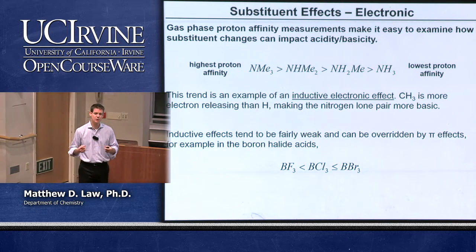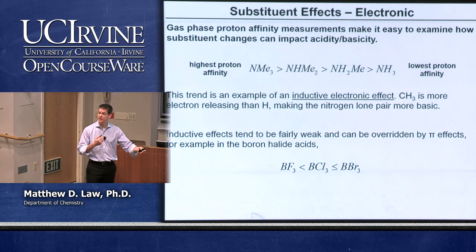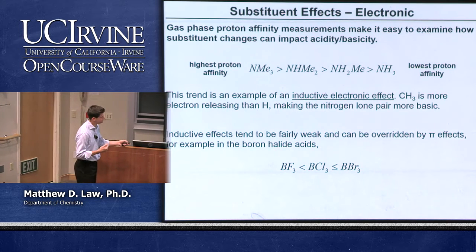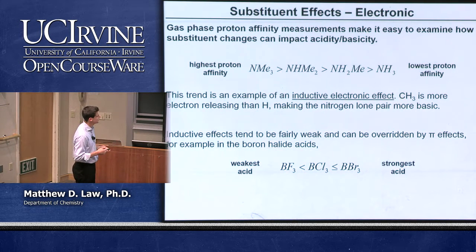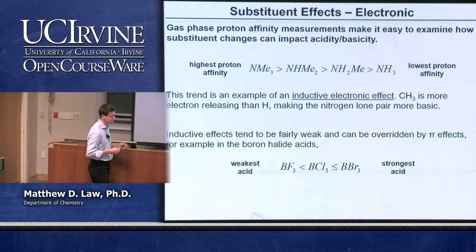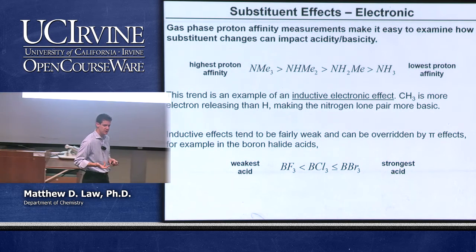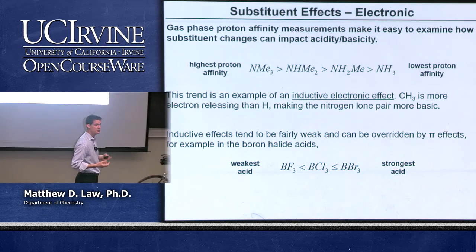This is an example where we have an inductive effect driving a trend in one direction, but we have another effect coming in that overrides that trend. And this other effect is pi effects from this particular molecule. We remember that in boron trifluoride, we did the MO diagram. And you remember that at or near the HOMO of the boron trifluoride, we have a pi bonding orbital.